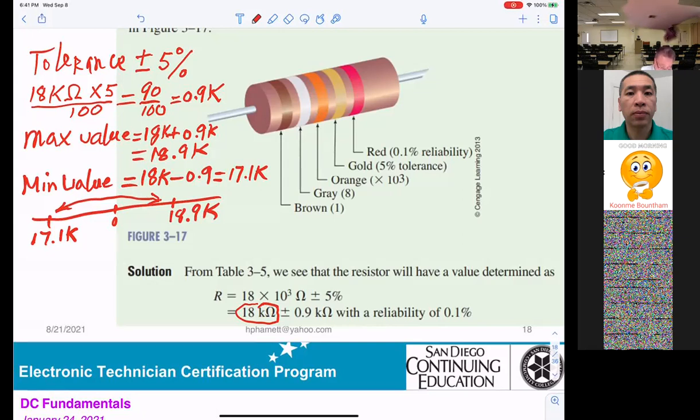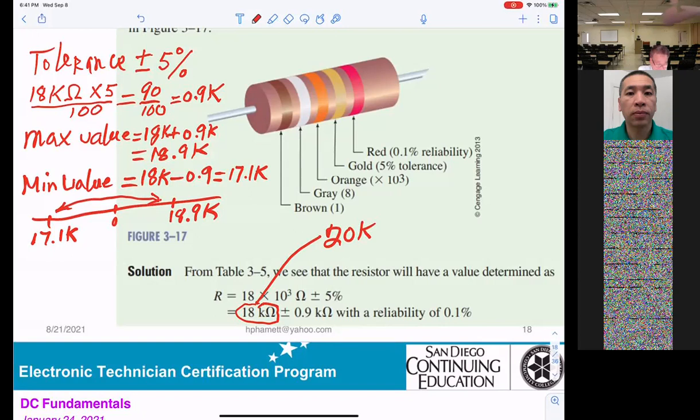So now, if you measure this and you get 20K, is it good or not good? Not good. It's higher than the maximum value.